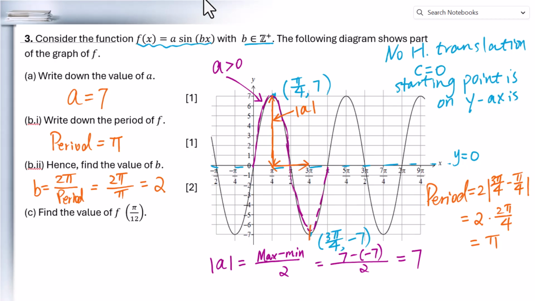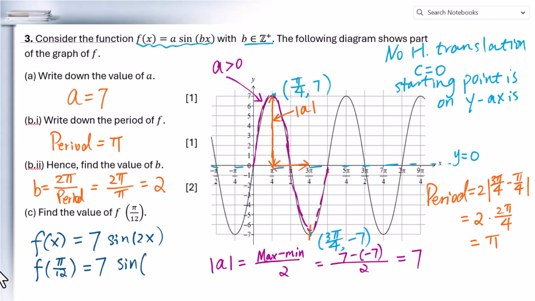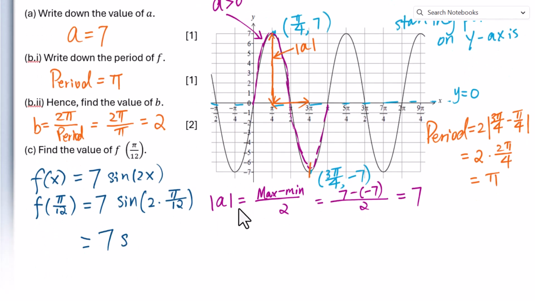C. Find the value of f of pi over 12. f of x equals 7 sin 2x. So f of pi over 12 equals 7 sin 2 times pi over 12. Simplify, we get 7 sin pi over 6. The reference angle is 30 degrees, in the first quadrant.